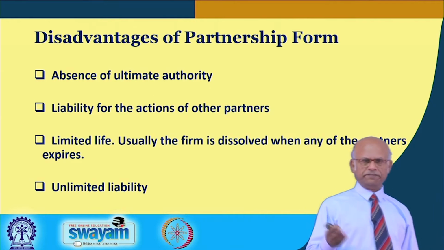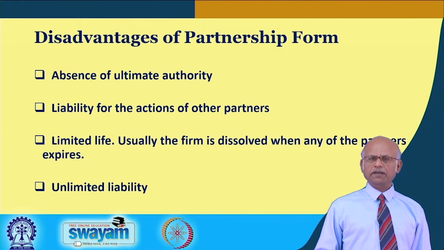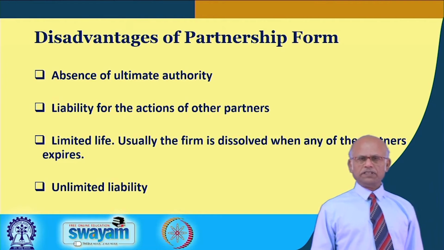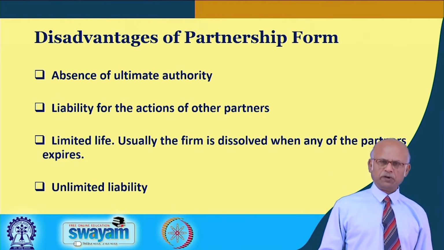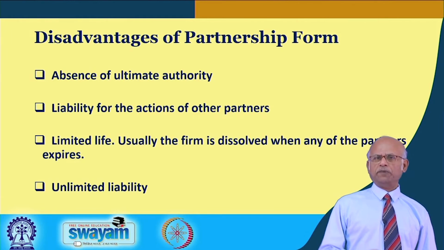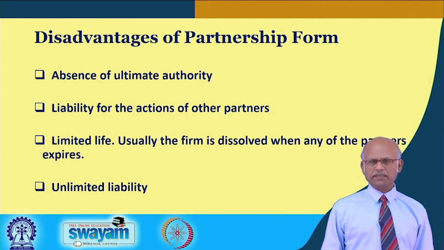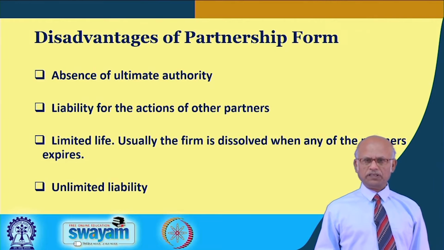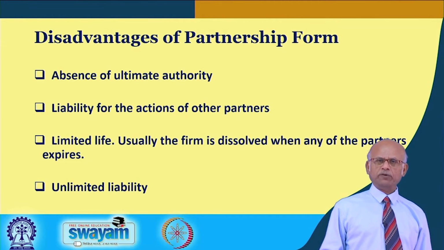Similarly, along with the limited life of a partnership firm, there is unlimited liability. If the business is liquidated or there is a claim by creditors which is more than the worth of the business or more than can be recovered by liquidating the business, the partners' personal assets will be charged or liquidated to make good the shortfall.